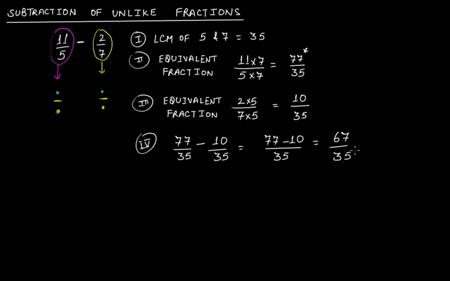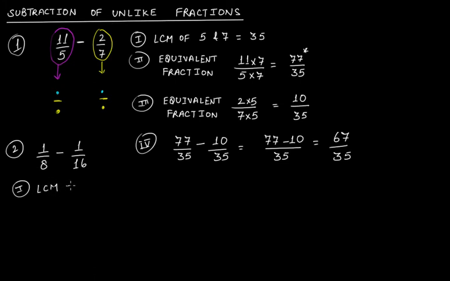Let's take one more example. This was the first one. Let's take the second one. Let's take 1 over 8 minus 1 over 16. So the first step will be to find the LCM of 8 and 16.